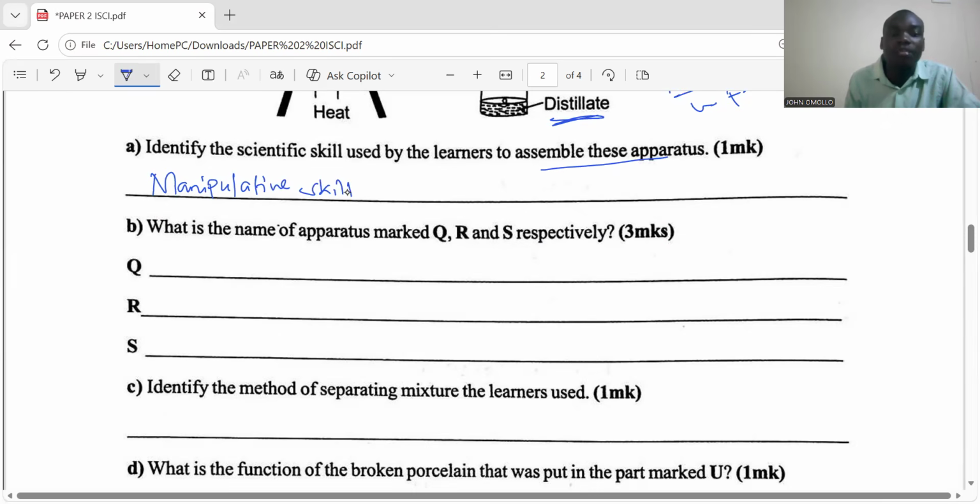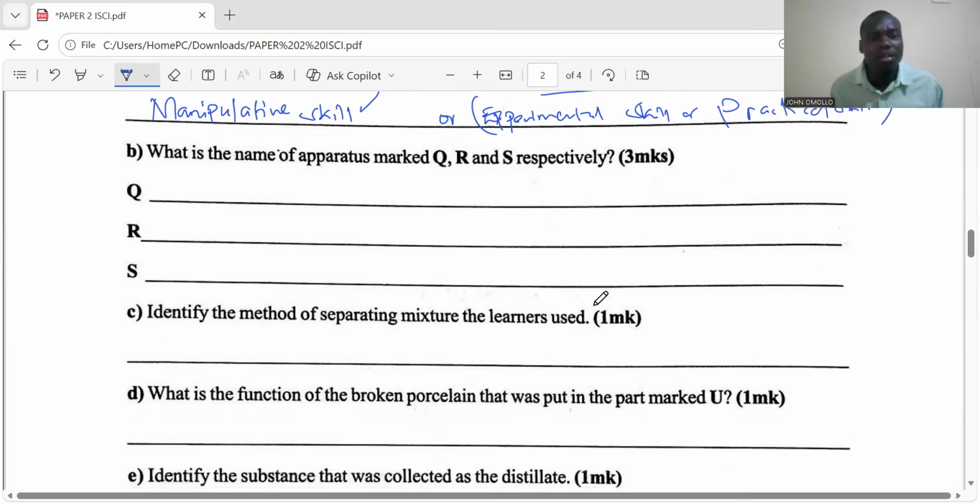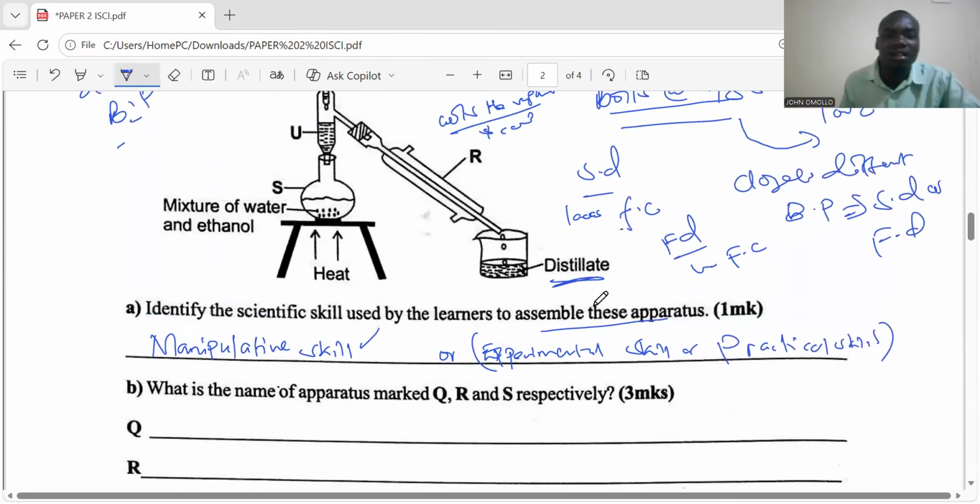It can also be called experimental skill or practical skill, but the right choice should be manipulative skill, the skill used to assemble the apparatus. What is the name of the apparatus marked Q, R, and S?